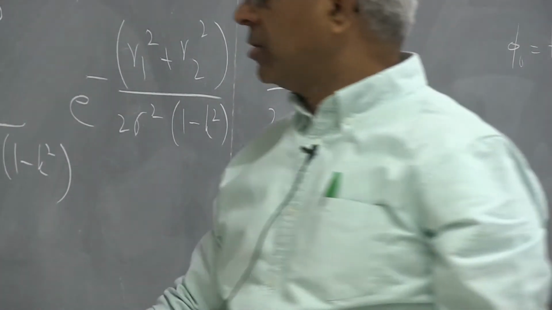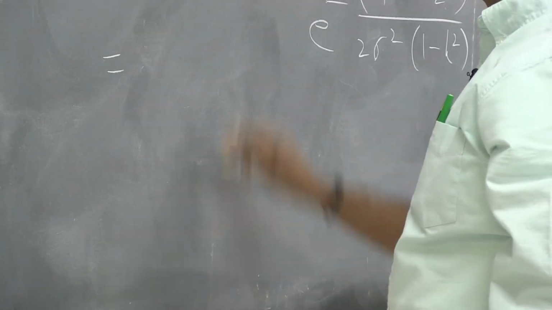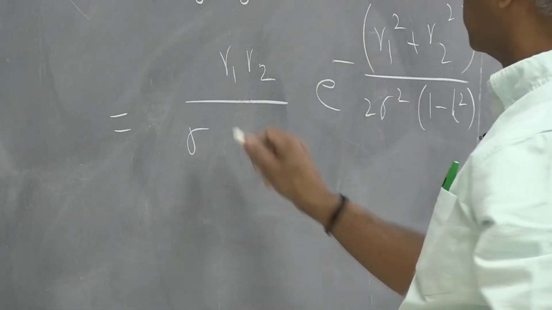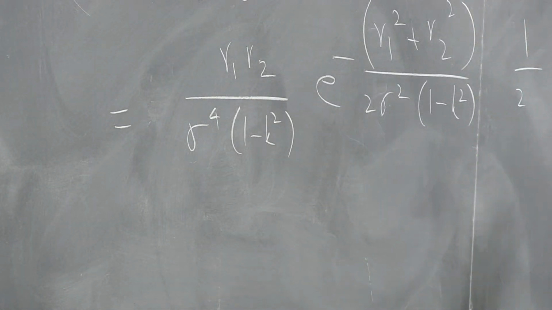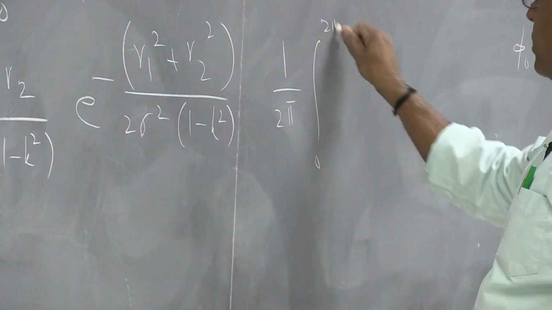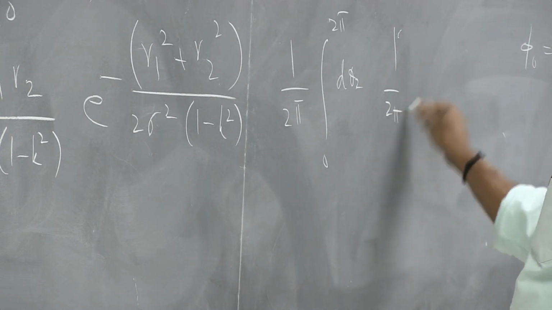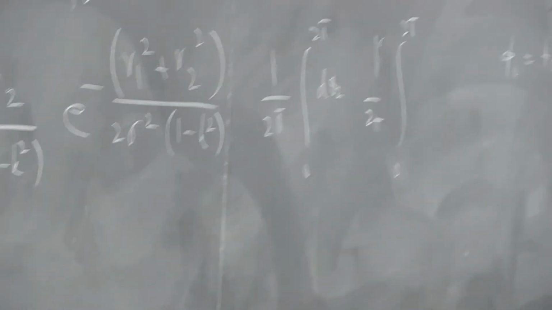I'm going to take 1 over 2 pi and write it here. So 1 over 2 pi, two integrals: the integral from 0 to 2 pi d theta 2, and 1 over 2 pi, the integral from 0 to 2 pi of the remaining term.